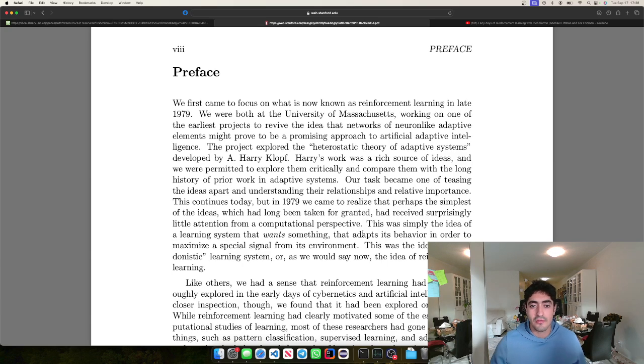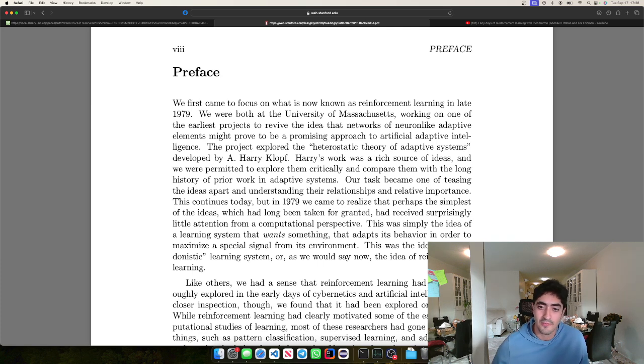We first came to focus on what is now known as reinforcement learning in late 1979. We were both at the University of Massachusetts, working on one of the earliest projects to revive the idea that networks of neuron-like adaptive elements might prove to be a promising approach to artificial adaptive intelligence.